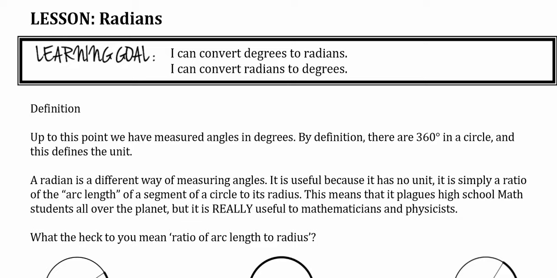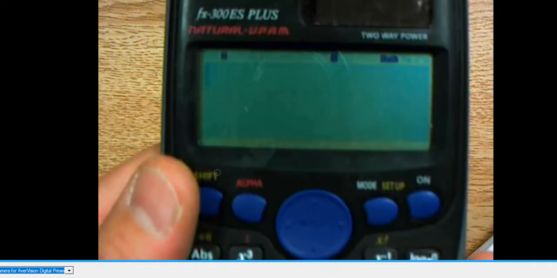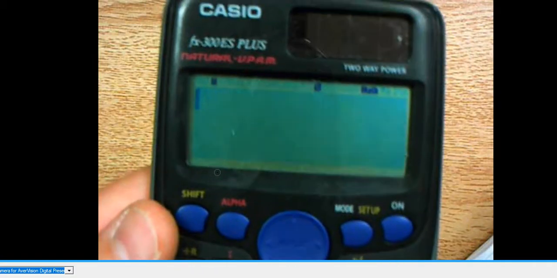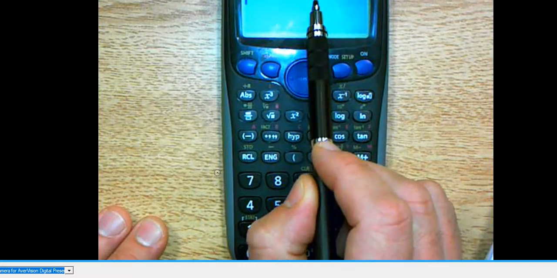I'm sure you've heard of it, and you probably know that your calculator has different modes. So here's my calculator, and when I turn it on, it's in degrees. You can see it right there, it's a little d.